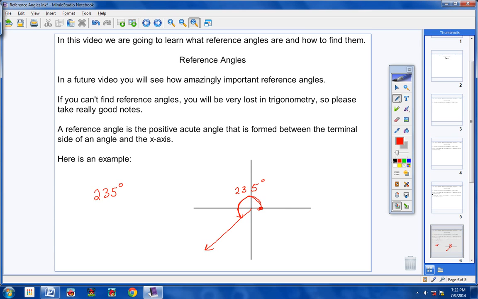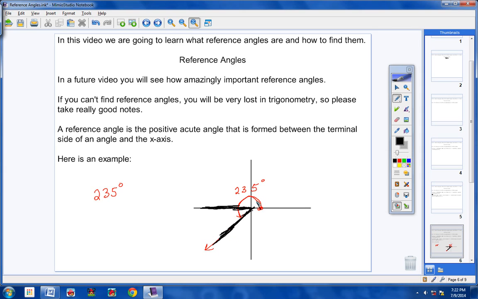Well, I just showed you how to do it. You want the acute angle that is formed by the terminal side. Well, the terminal side, don't forget, is the ending part of your angle. So here's your terminal side, and here's your x-axis. So you're looking for that angle right there, formed by those two dark black shaded rays, okay? And so think about it.